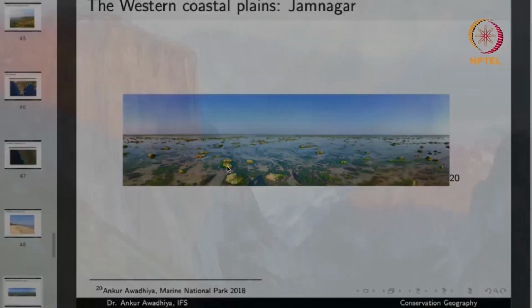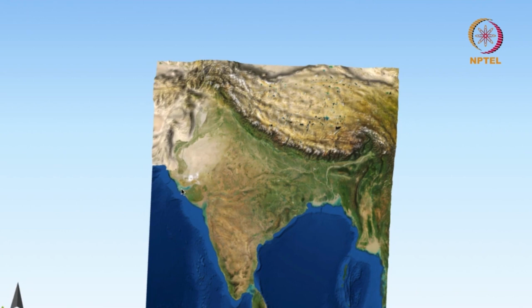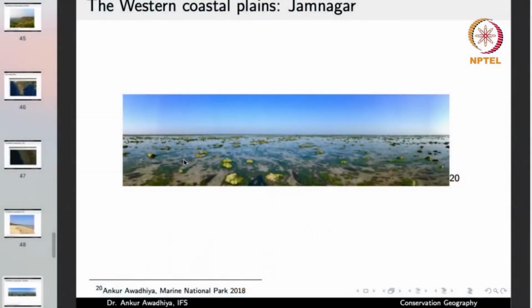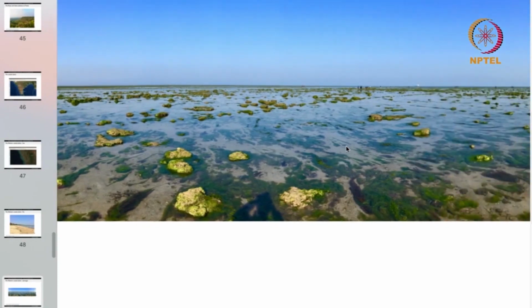Then in Jamnagar, so when we talk about Jamnagar, we are talking about this area. So in Jamnagar, we find that you have these plain regions that are very easily inundated by the sea. So whenever there is a high tide, this region will be below water.